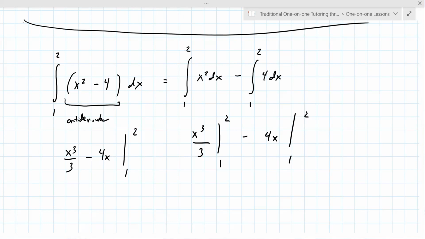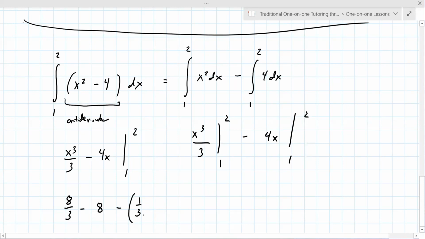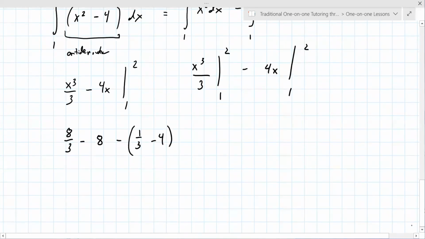Okay, so then you evaluate it. So 2 cubed over 3 minus 4 times 2, all minus 1 cubed over 3 minus 4 times 1.